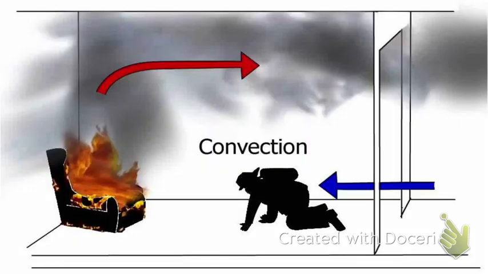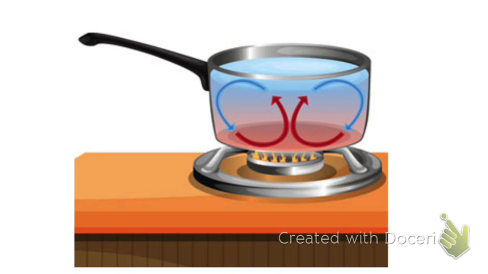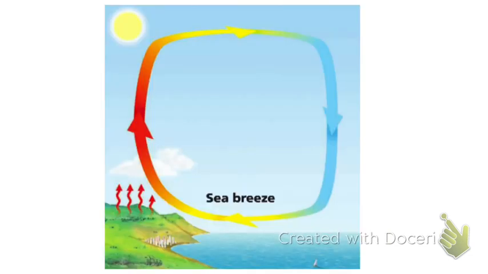And we know that in a hot house, or burning house, sorry, the hot smoke rises to the top and the cool air is on the bottom, which is why they tell you to stay low in a burning house. You're boiling water, the hot water on the bottom rises to the surface quickly, cools, and then sinks back down again.